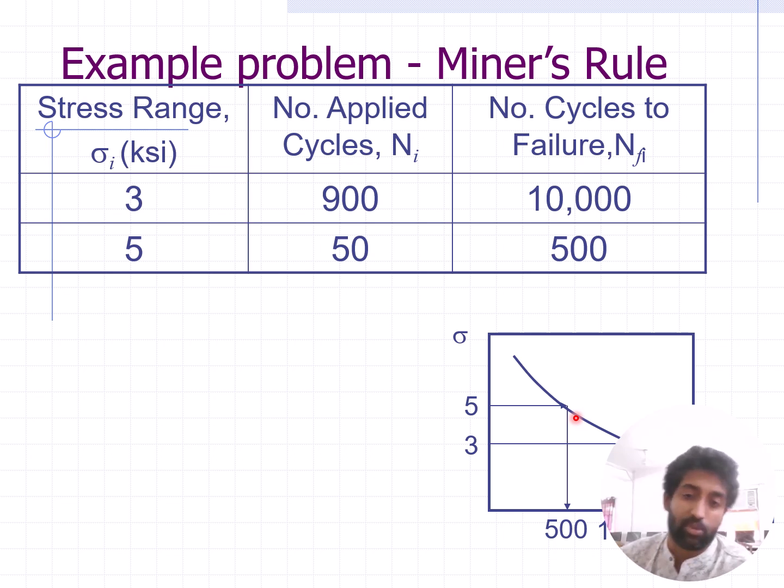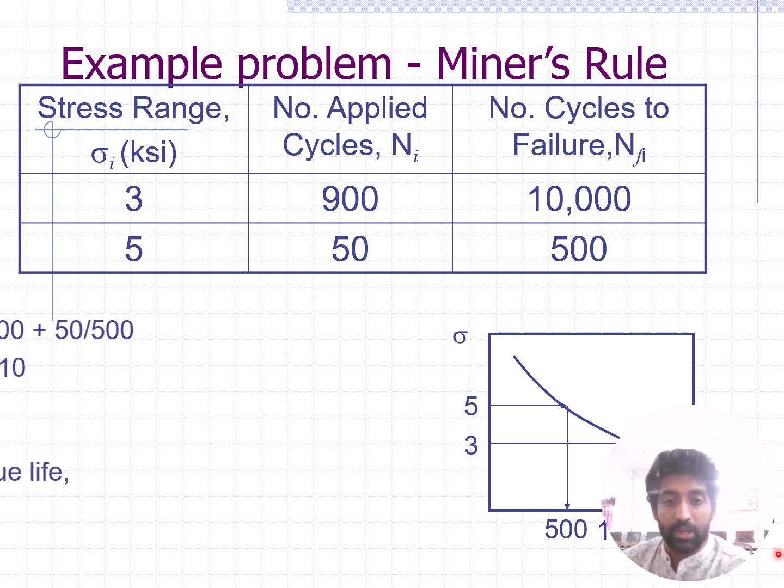Okay, this is what we have. As you can see, if the stress is at a magnitude of 5, this element can break at around 500 cycles. If the stress is 3, it will break at near about 900. So this is what we are talking about.